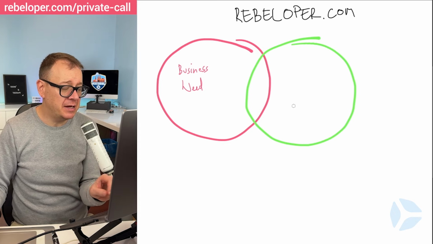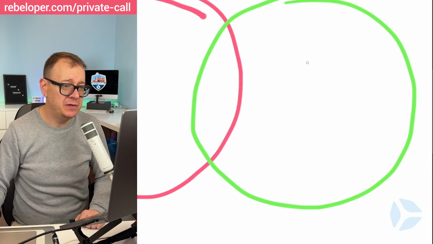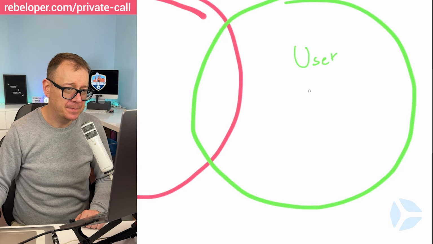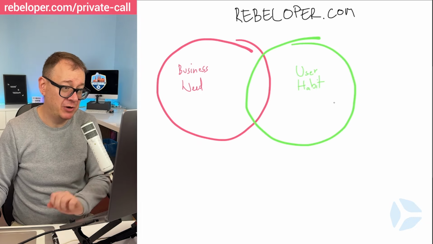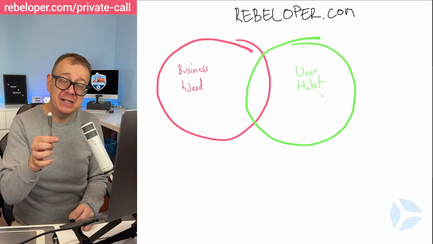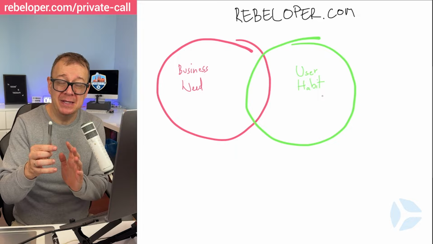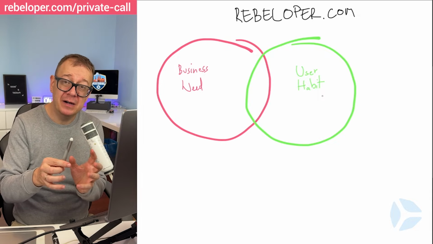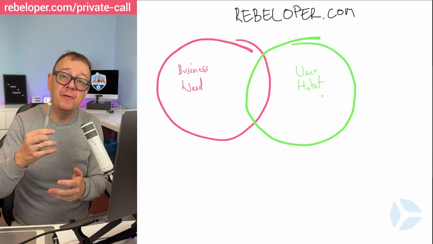And the second one is, let me just take this other pen, the user habit. Now, this might be a little bit strange for you. What is this user habit? Well, just think about it. Customers tend to have their habits, and it's really, really hard to either make a habit go away or form a new habit.